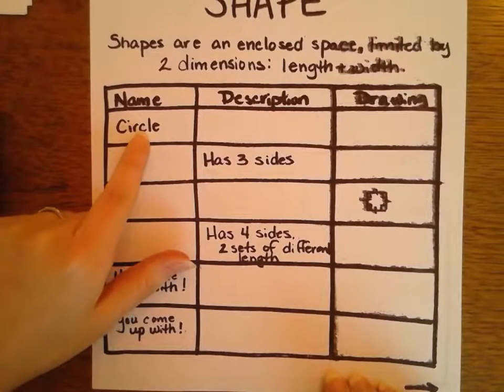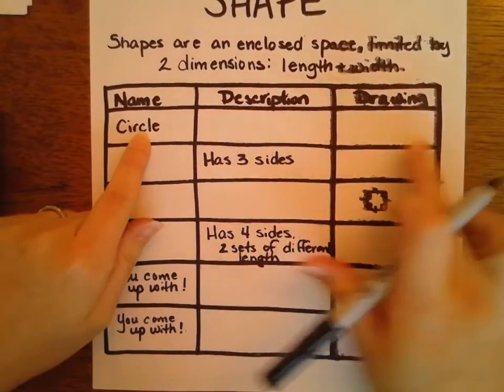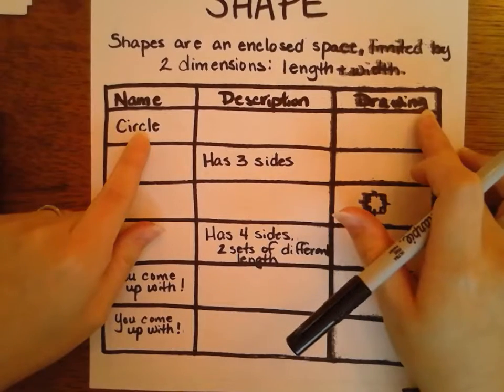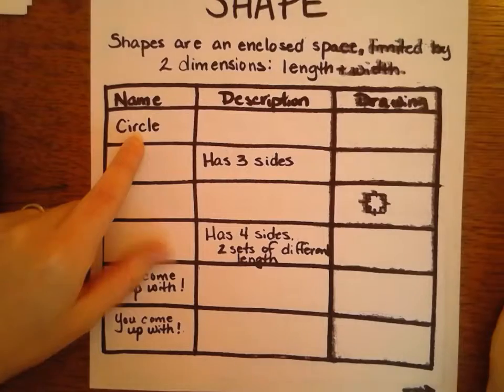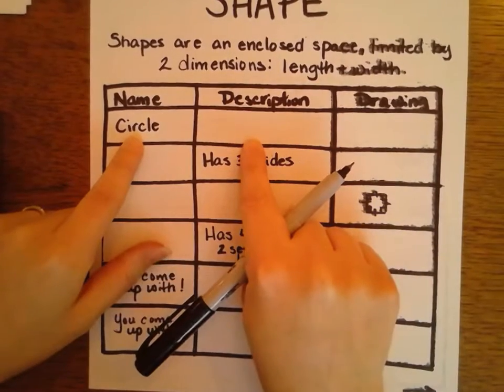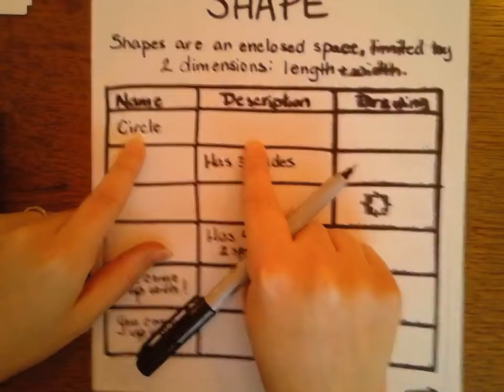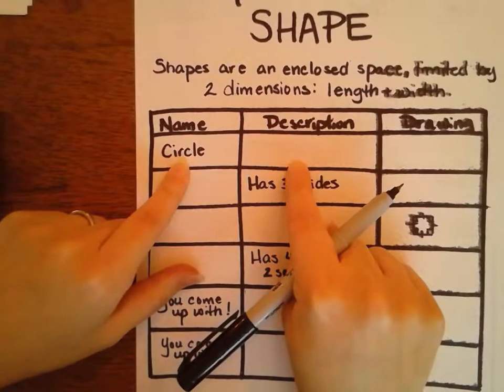And so you will see a name, a description, and then it's kind of hard to see on this one, but it says drawing. What you have to do is, if I give you the name, so I know what a circle looks like, I write down what a circle is. So basically it's a line that ends up touching itself in a curvilinear shape.